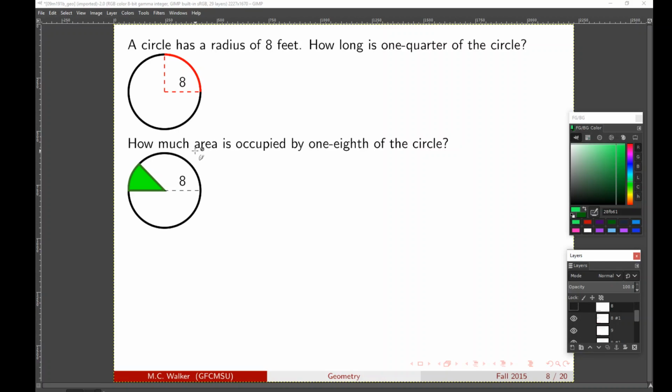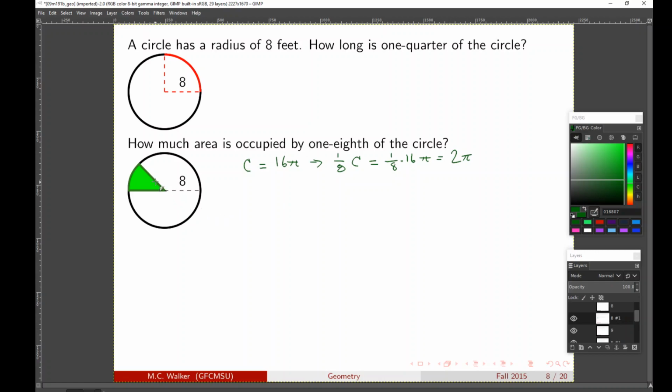So what if instead we have 1/8 of a circle? Well, that's going to be our circumference times the 1/8. So if the circumference is 16 pi like we had before, then 1/8 of 16 pi is 2 times pi.